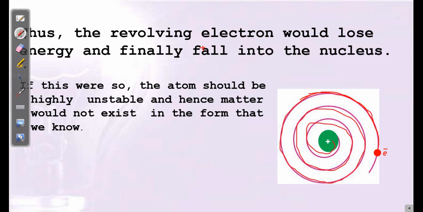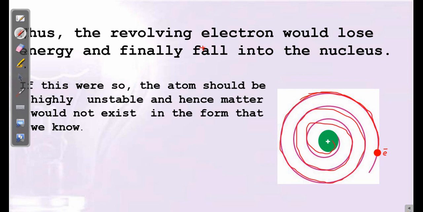The electron will radiate its energy, the energy of the electron will be lost, and then the radius of the orbit also decreases, and the electron comes closer to the nucleus, because the nucleus carries the positive charge. The positive charge will attract the electron toward itself, and at one time the electron will fall into the nucleus. And if the electron falls into the nucleus, then the atom will collapse.